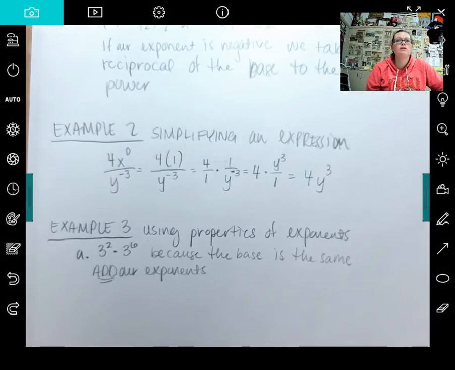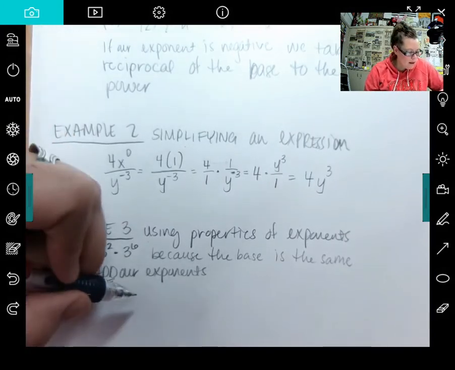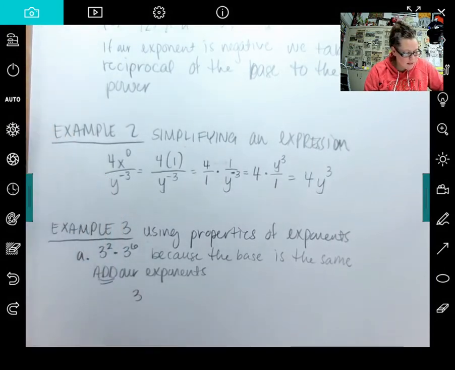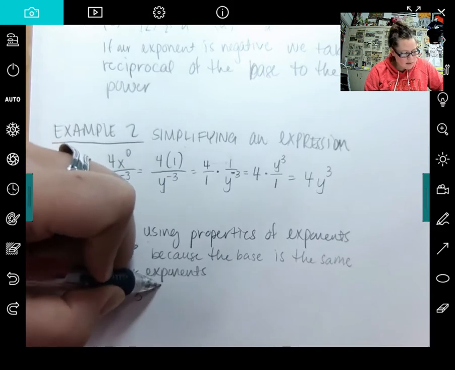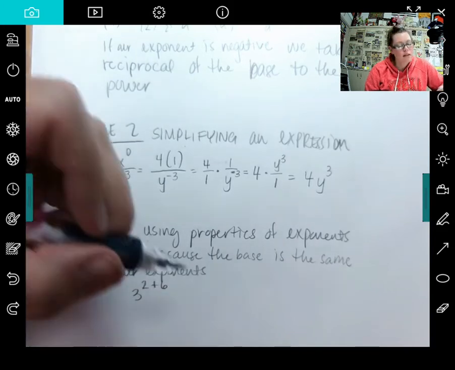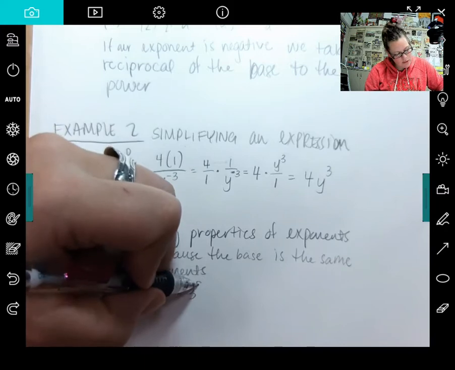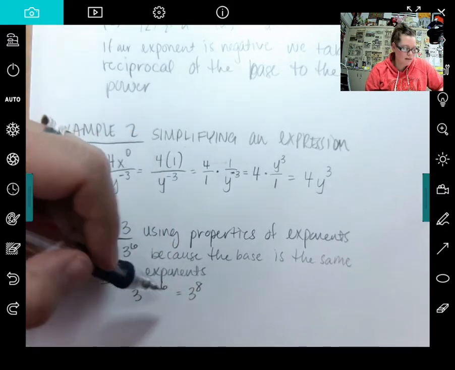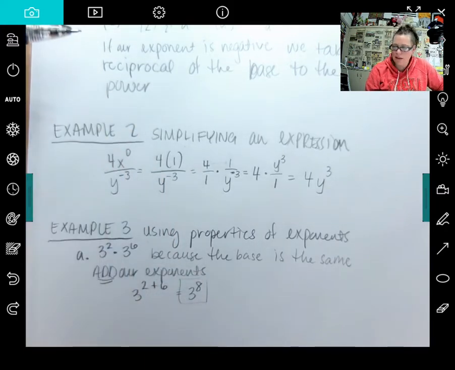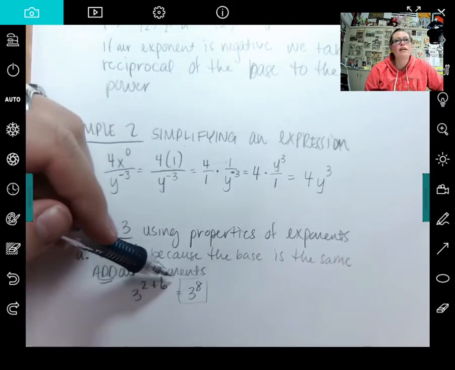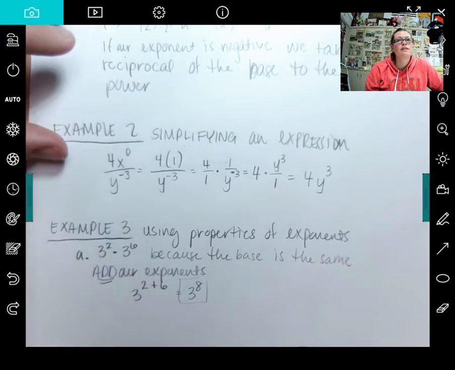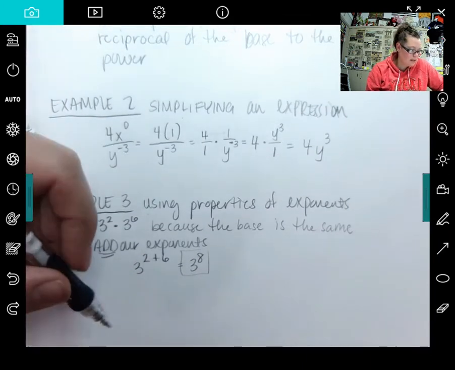So we would say we have 3 to the 2 plus 6, which equals 3 to the 8th. So that's our answer, 3 to the 8th. You could put that in a calculator and get the answer if you want to, but you can just leave it as 3 to the 8th also. That's fine.